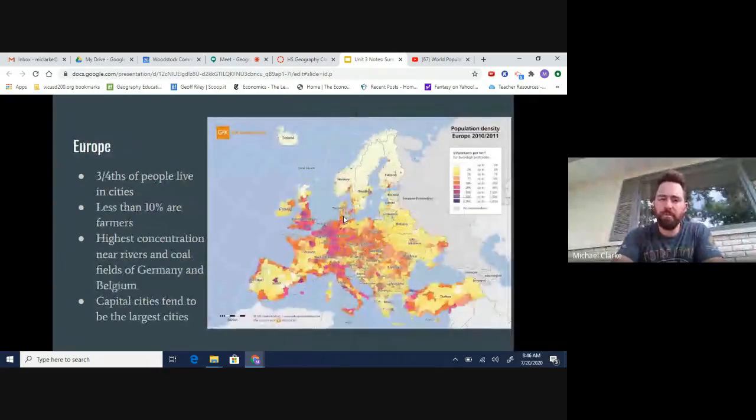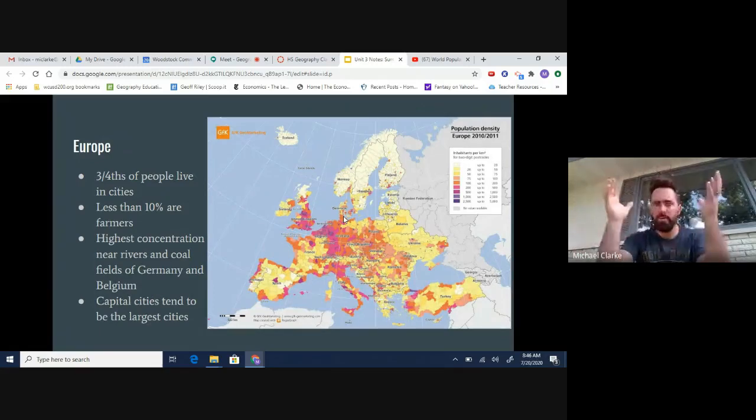Europe's different. If you compared Europe to the other two regions, East Asia and South Asia, Europe is highly urbanized. And Europe, unlike the last two, already had massive population growth. They experienced their boom in the 1800s, the Industrial Revolution, before the World Wars.